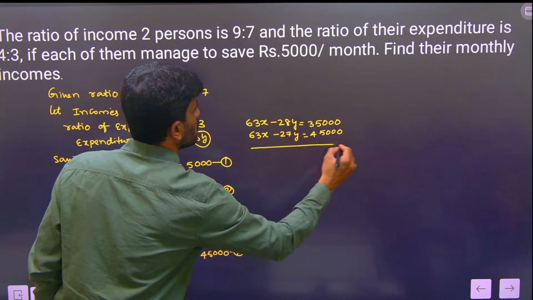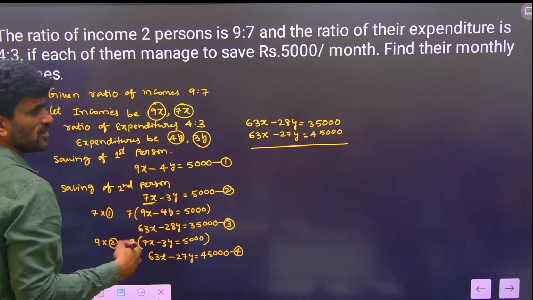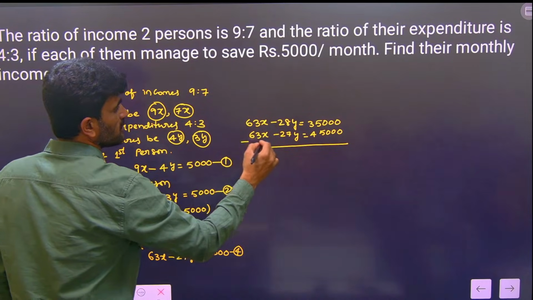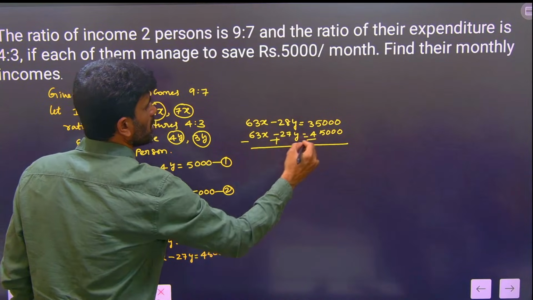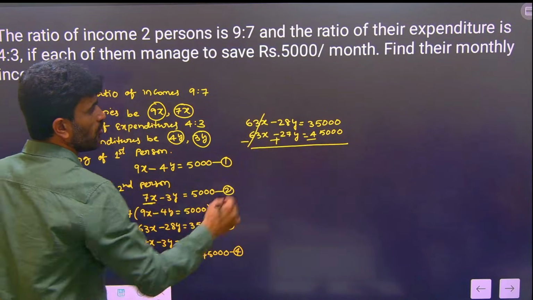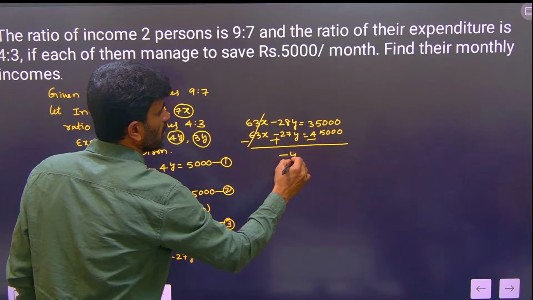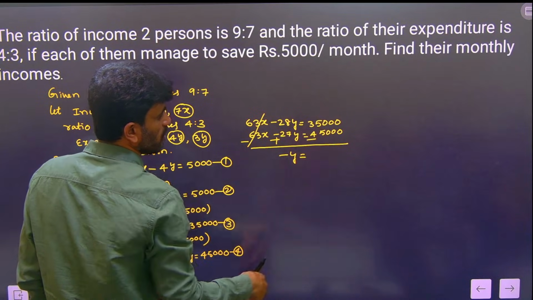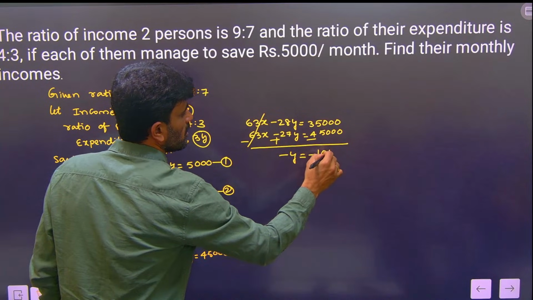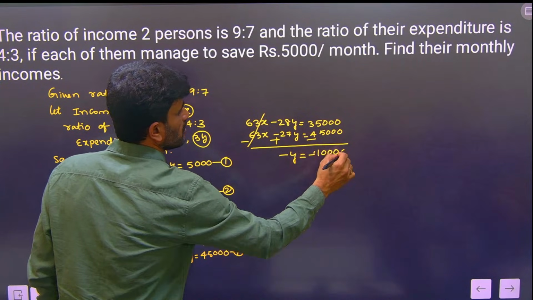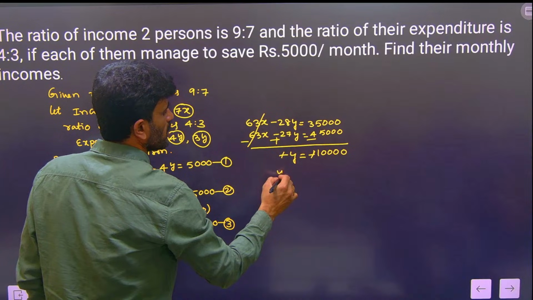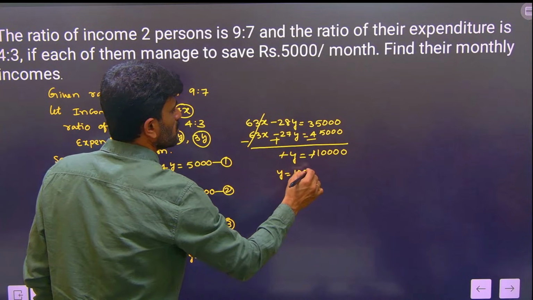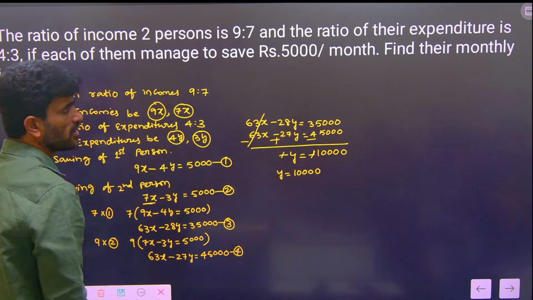Now what happens, because these two have the same sign, we will change the signs. So this is minus, plus, minus. These two will get cancelled. Now what is it: minus y is equal to 35 minus 45, minus 10,000. Minus minus cancel, y is equal to 10,000.